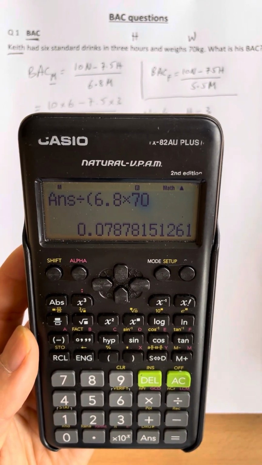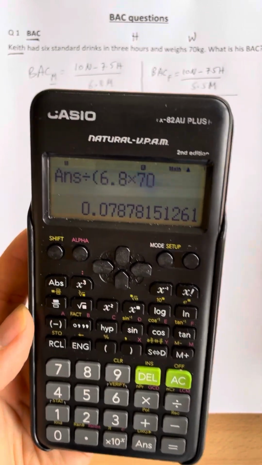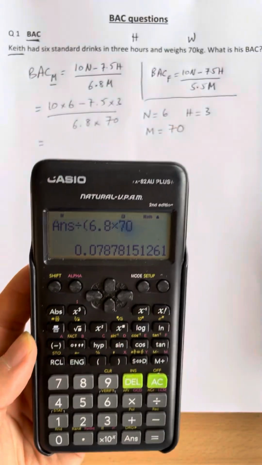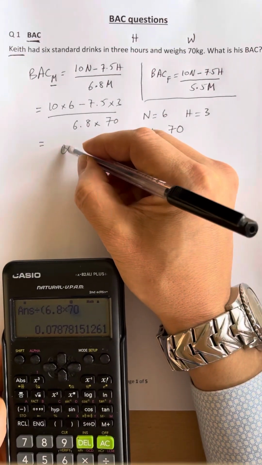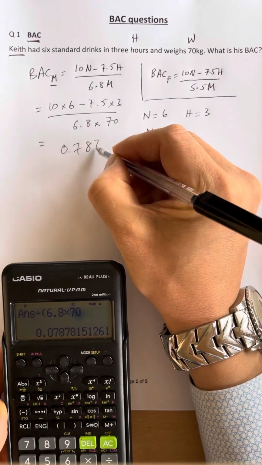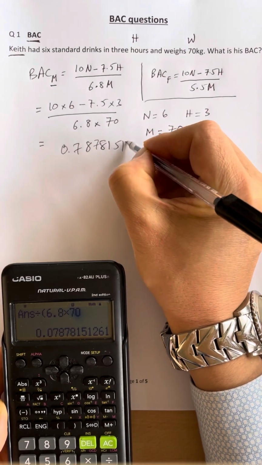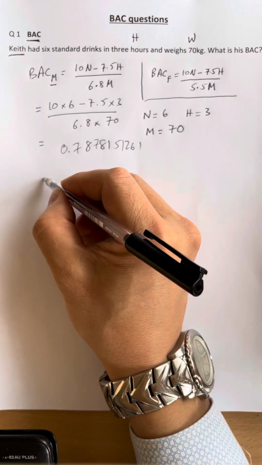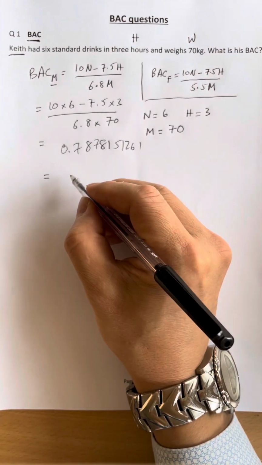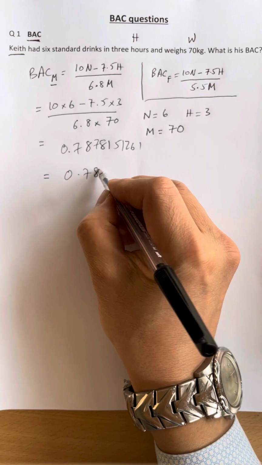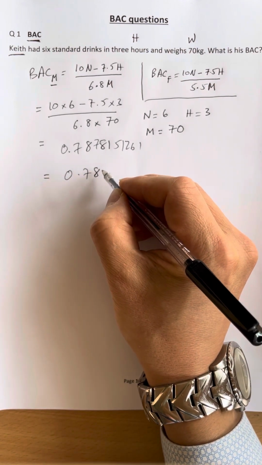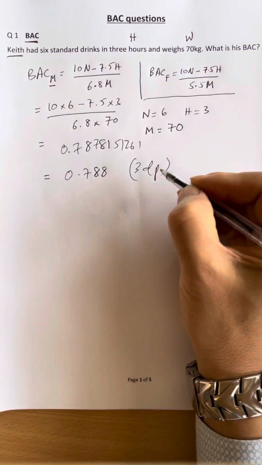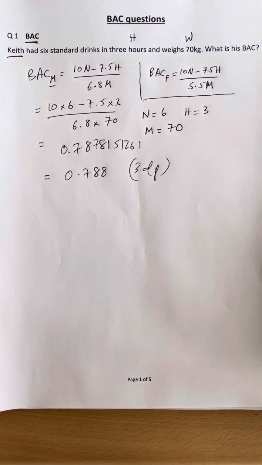And the answer you get there is 0.78781512161. That's its BAC, and if they ask you to round it off to, let's say, 3 decimal places, then it'd be 0.788 to 3dp. So that's question 1.